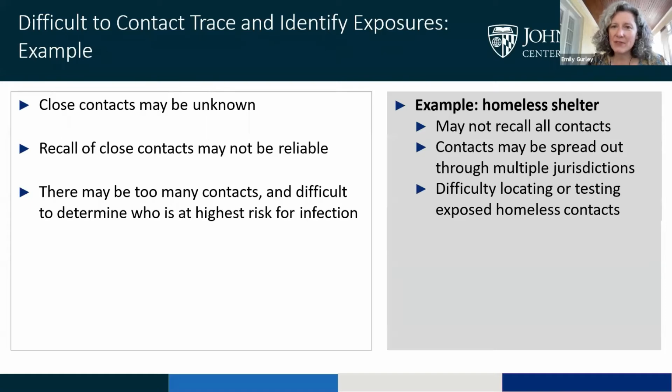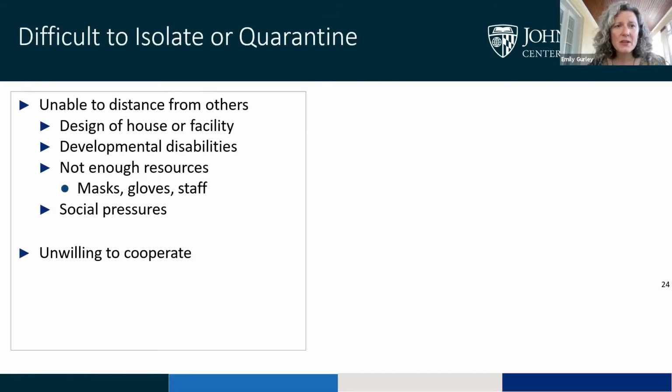For example, in a homeless shelter, where people may not know the people they've had contact with. The contacts may be spread out in multiple jurisdictions, and it could be difficult to test or find people who've been exposed. There's also places where it's difficult to isolate or quarantine, or where people are unwilling to cooperate to do that.